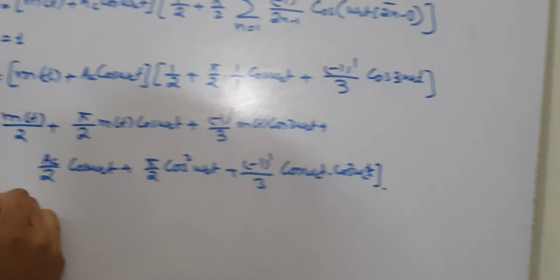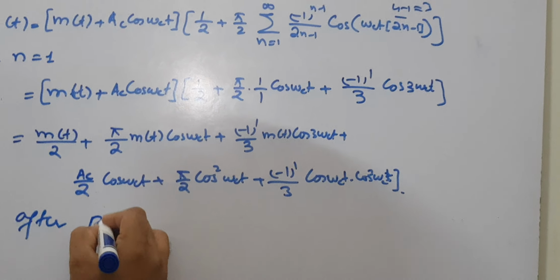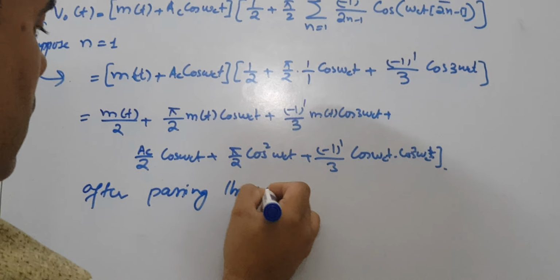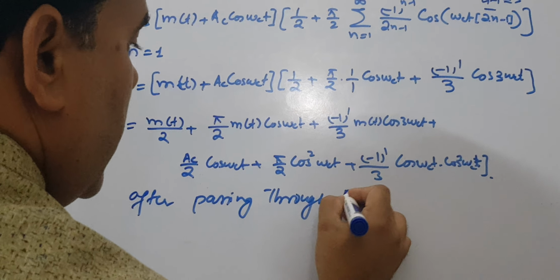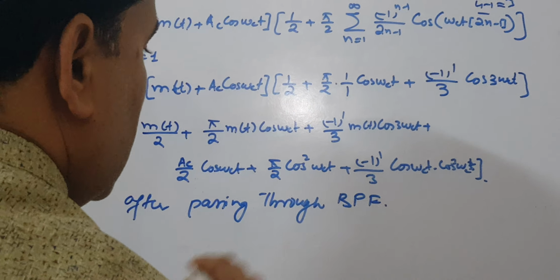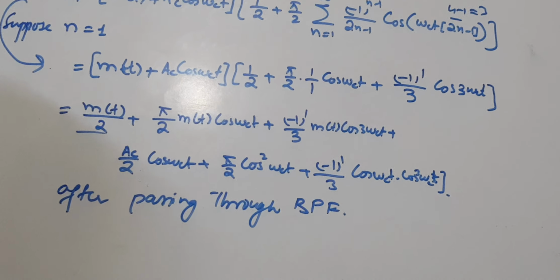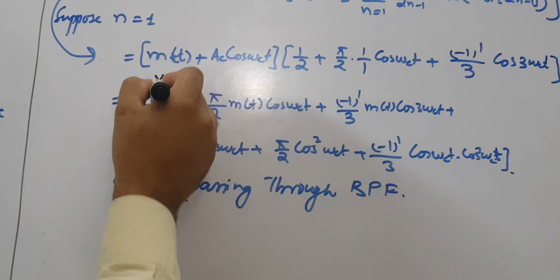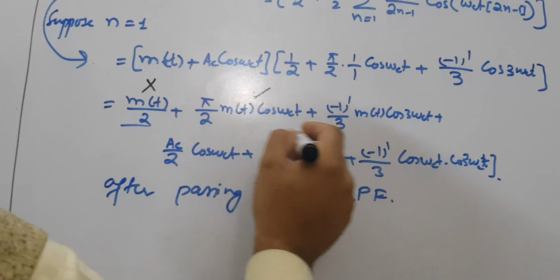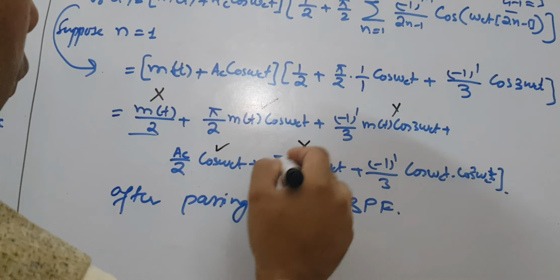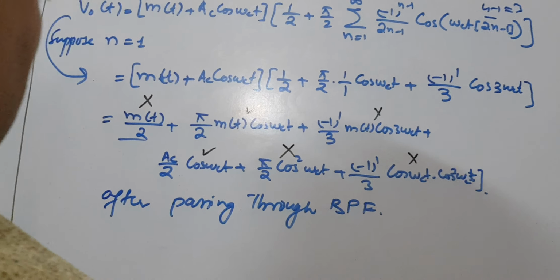And then after passing through the band pass filter, this is a low frequency, so it means that the band pass filter will not allow this one to pass, it will not allow this one to pass, and it will not allow this one to pass.